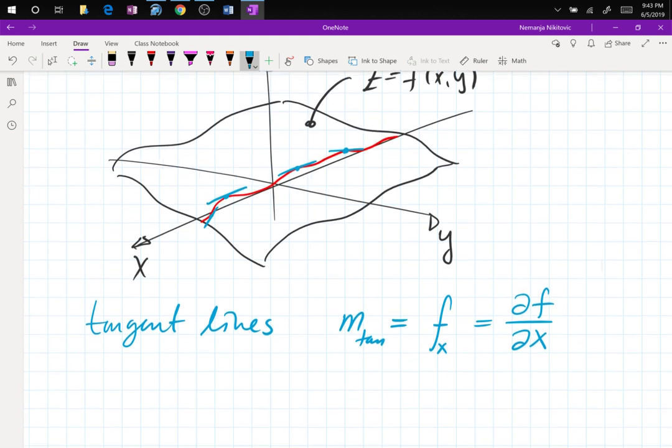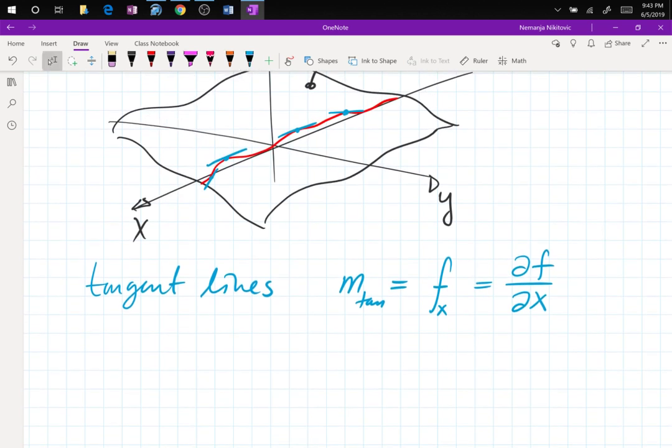Now, we will utilize the same limit definition with the difference quotient and all that. So f_x of x, y, which is the first, and we call it the partial derivative, f_x, is going to be the limit as h goes to 0.